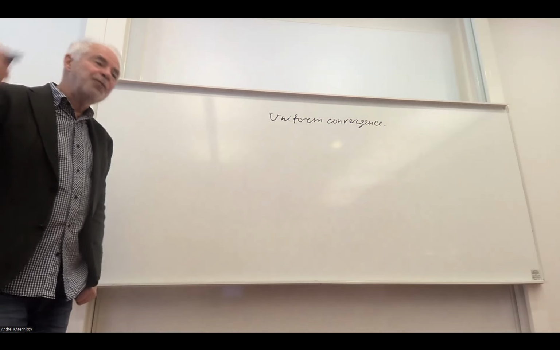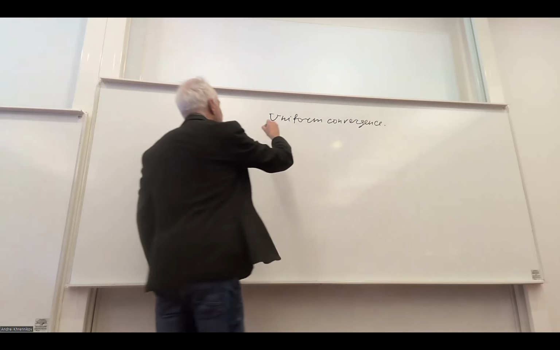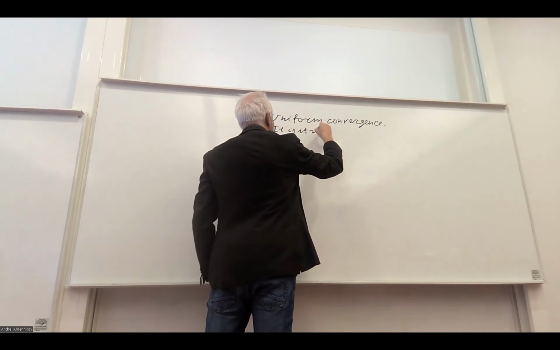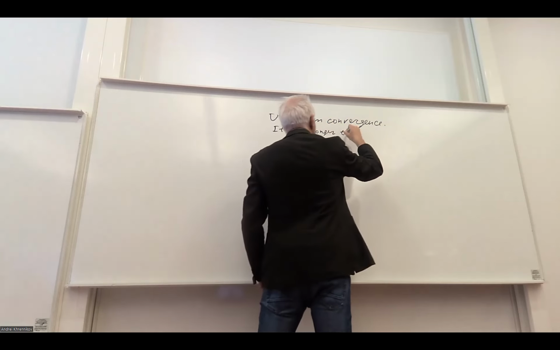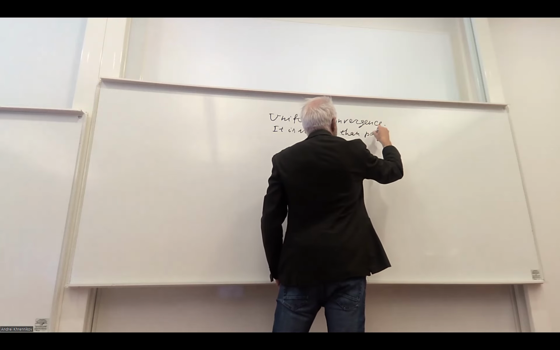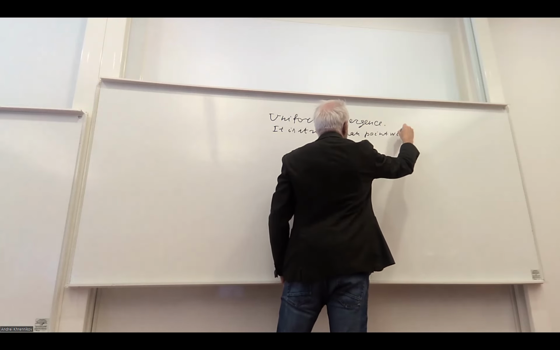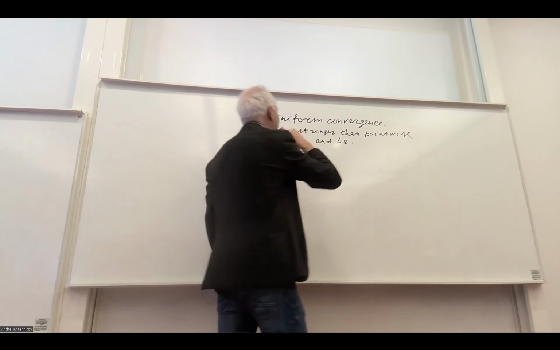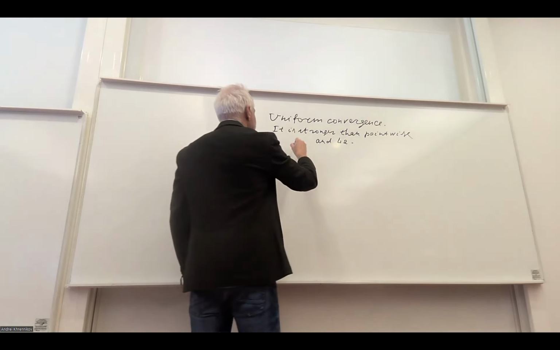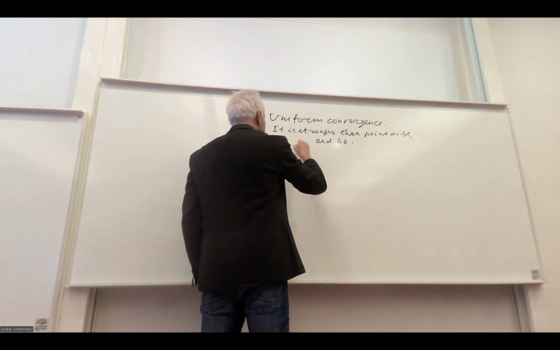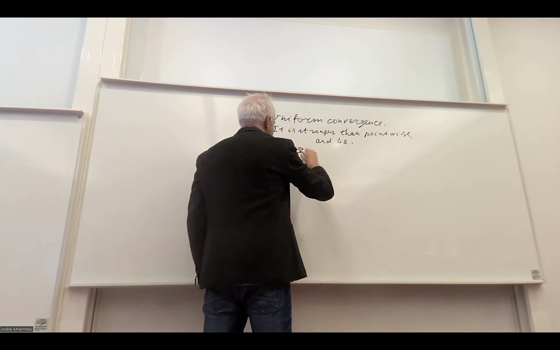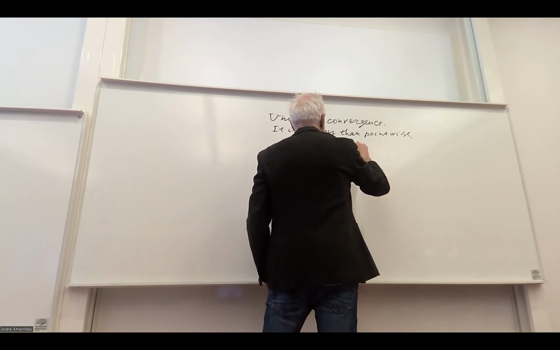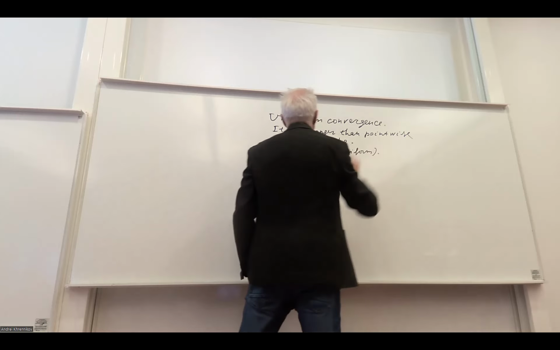Uniform convergence is stronger than pointwise convergence and even than L2. We denote it in this way: f_n with two lines, which is the symbol for uniform convergence.